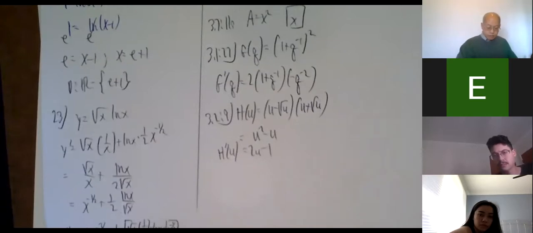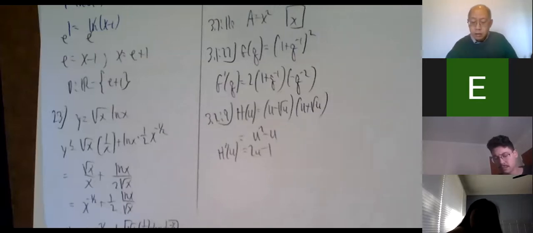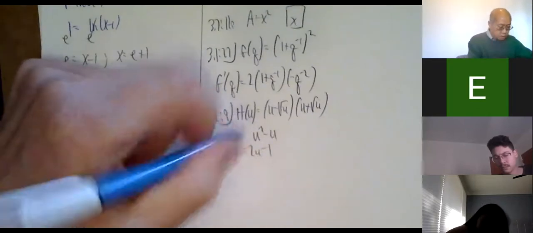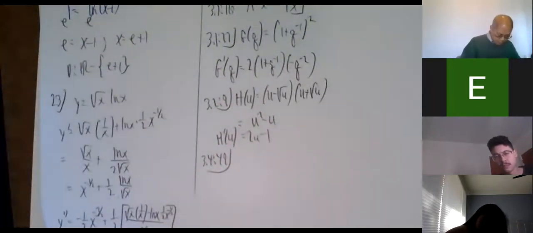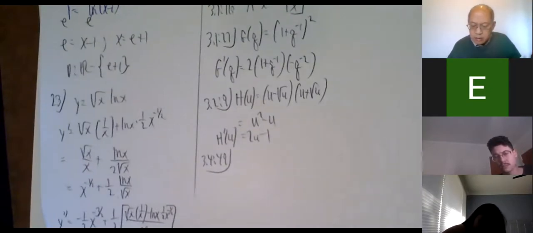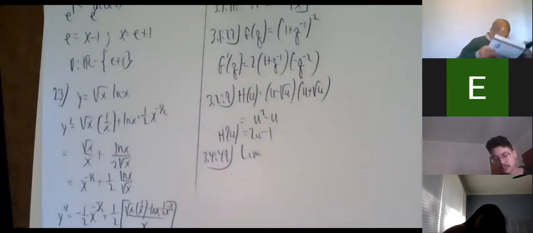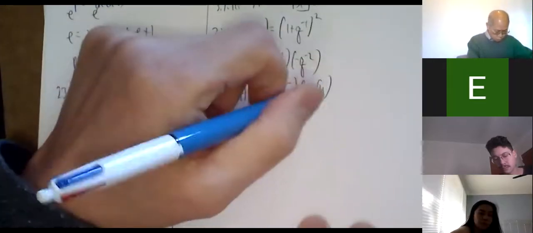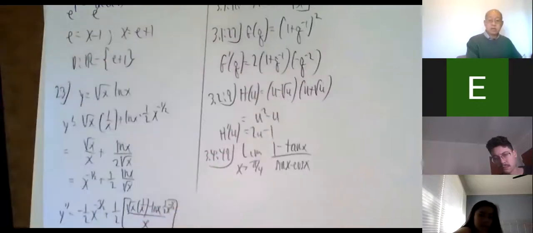Okay, 3.4, number 49. The limit as x approaches pi over 4 of 1 minus tangent x over sine x minus cosine x.